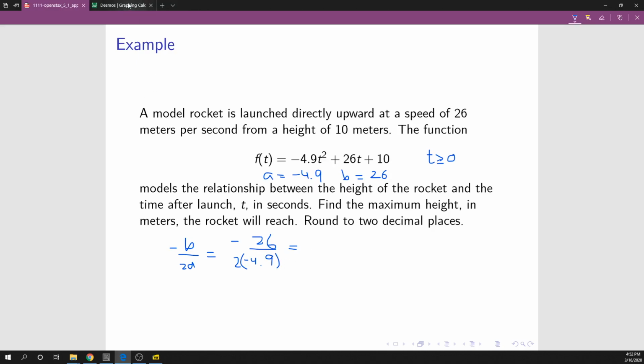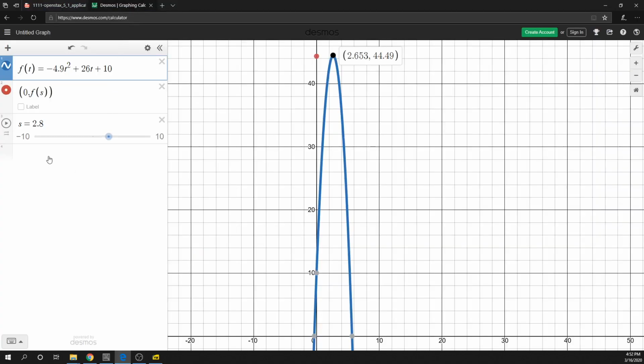So let's go to Desmos and punch that in, see what we get. So minus 26 over 2 times negative 4.9.